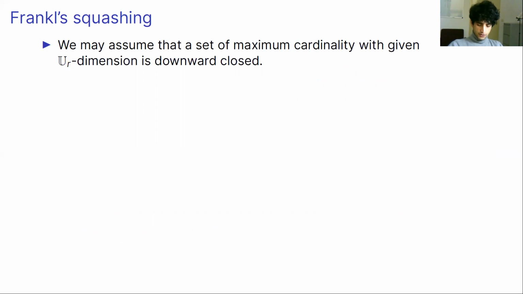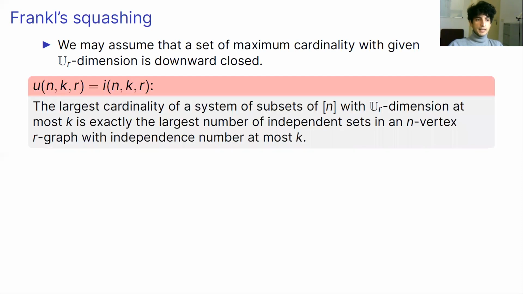This allows us to basically assume that a family of maximal cardinality is downward closed: if a set is in the system, then all its subsets are also in the system. And then it's an exercise to see that this easily gives us a correspondence between these R-universal coordinates and independent sets, and therefore these quantities are the same.